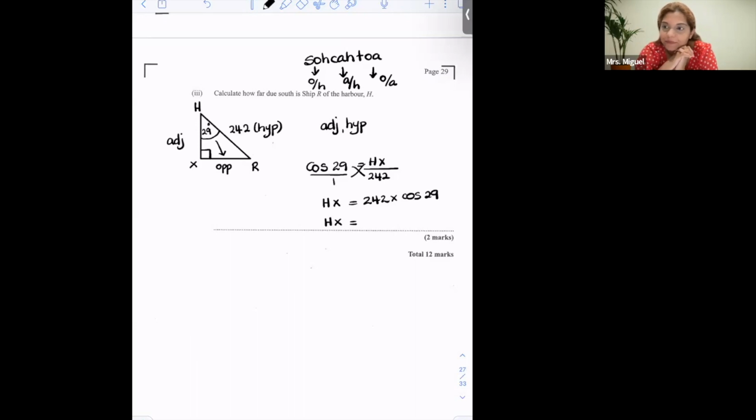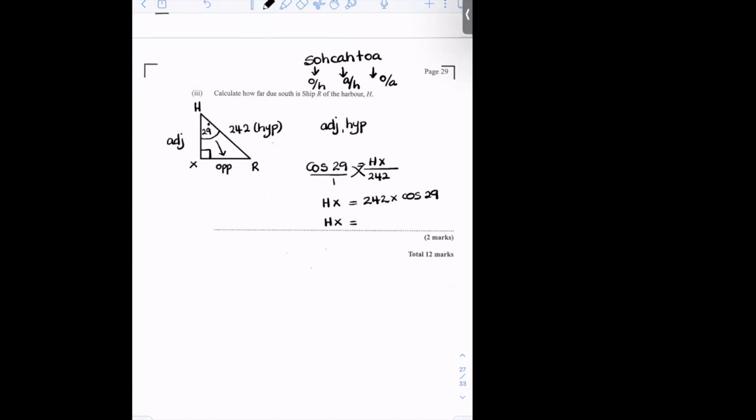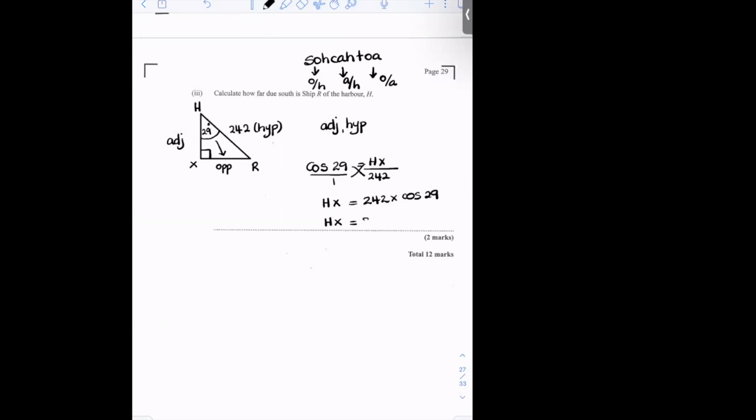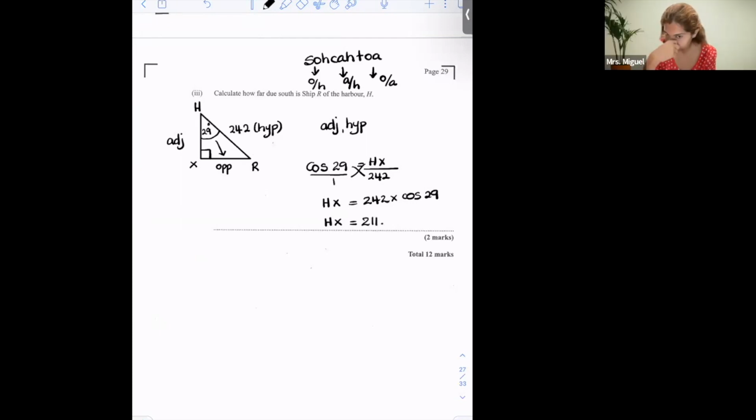Anybody with an answer? Miss, I get 211.7. I want it to 2 decimal places. 211 point.